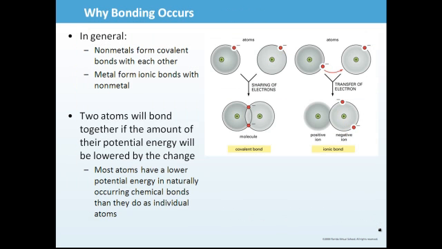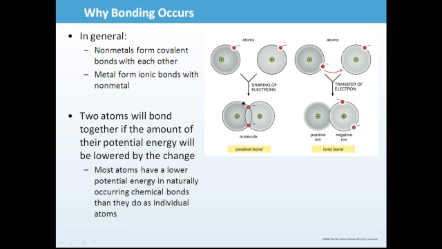Alright, so just kind of summarizing things here now. Again, in general, the nonmetals form covalent bonds with other nonmetals, and the metals will form ionic bonds with nonmetals. So over here on the right, you can see this little diagram. I have in the first one two atoms with a valence electron, and they share that electron.